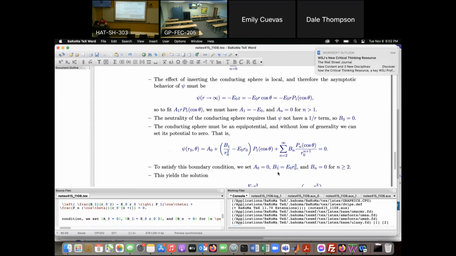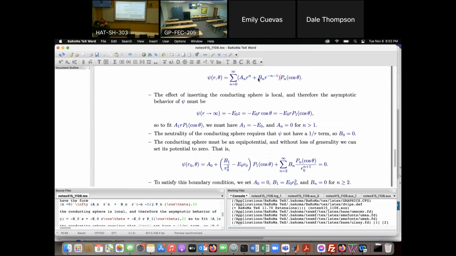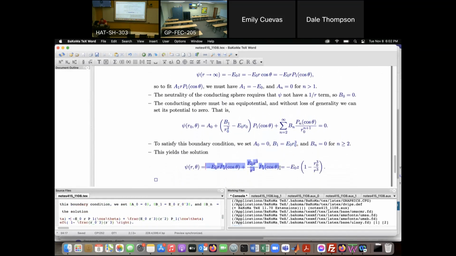So now, all the coefficients in this solution turned out to be 0, except for a1 and b1. So this is what we end up with.